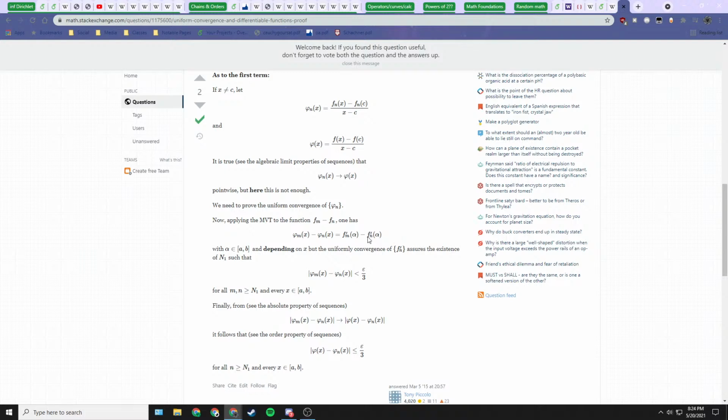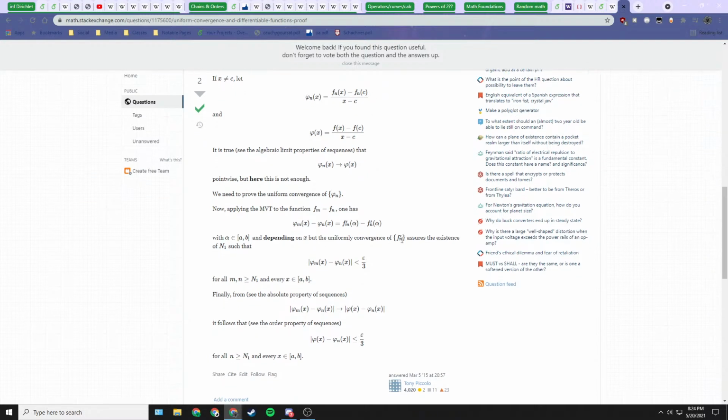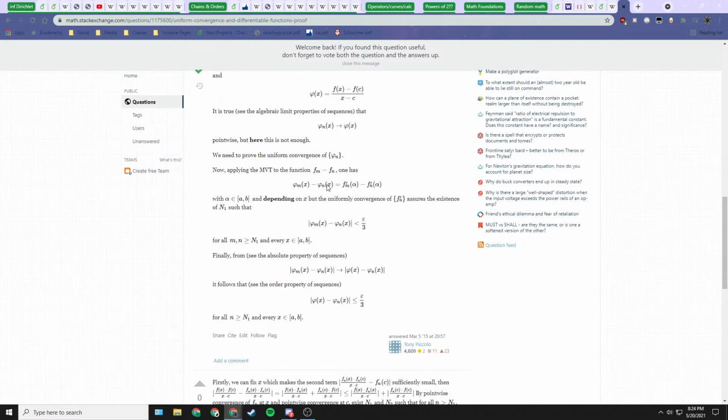And these m and n are suitably close, because they're converging uniformly to G, so their difference will also converge uniformly. So you can pick n large enough.